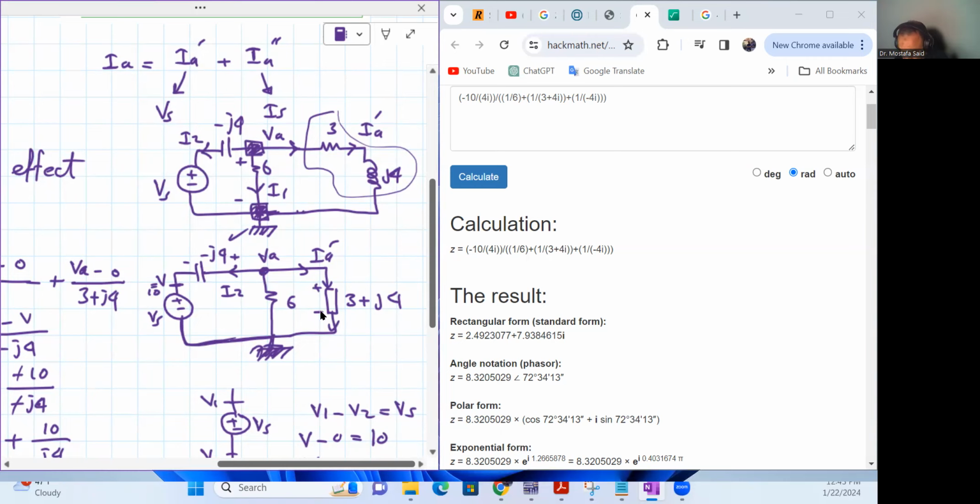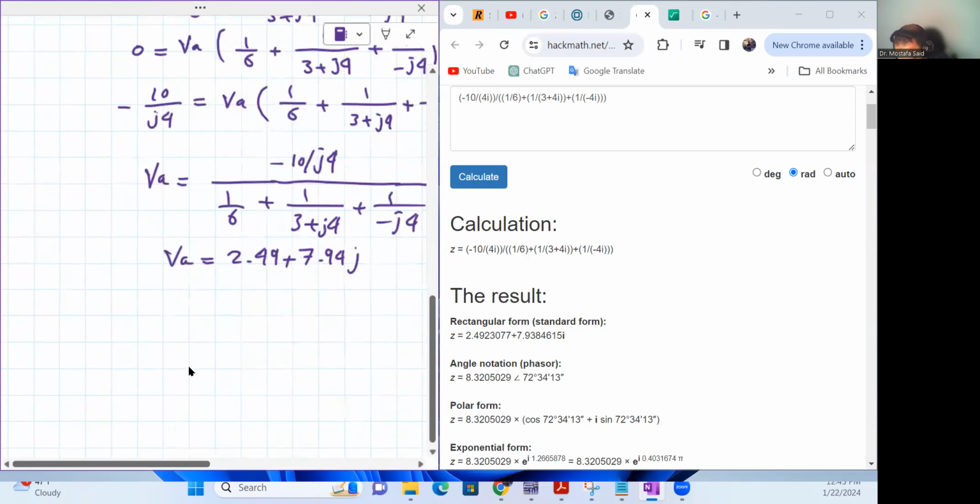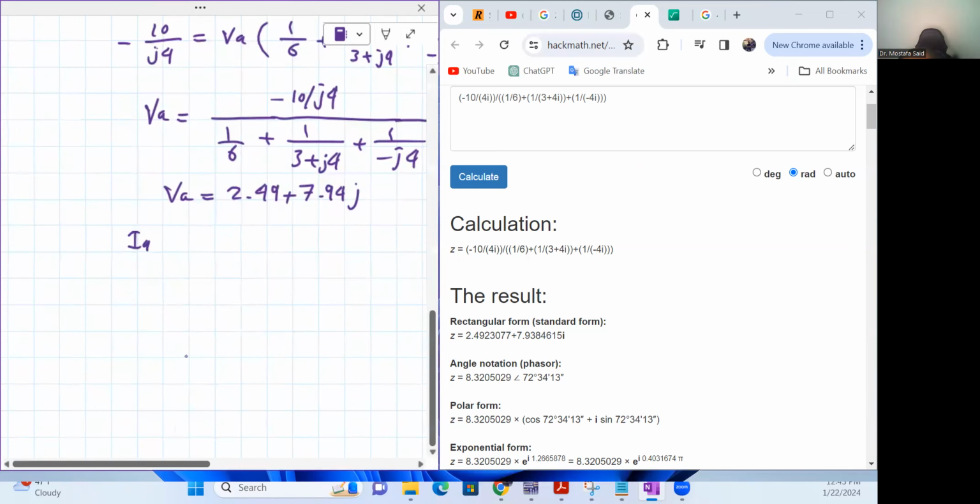It is the positive minus the negative, which is VA minus 0, because the negative terminal is grounded, and the positive terminal is that node, which is VA. So IA dash, which is the contribution of Vs into the current IA, equals VA over 3 plus j4.